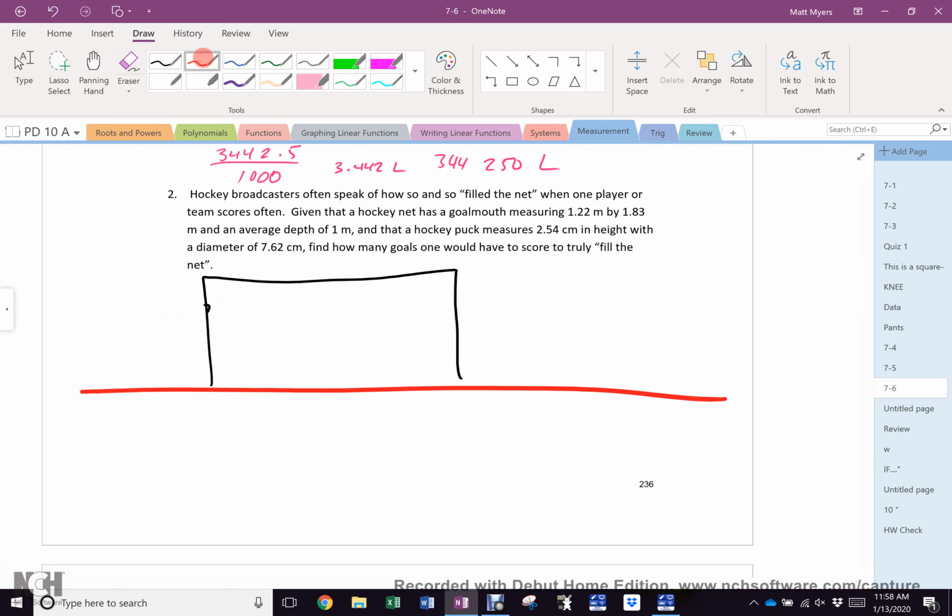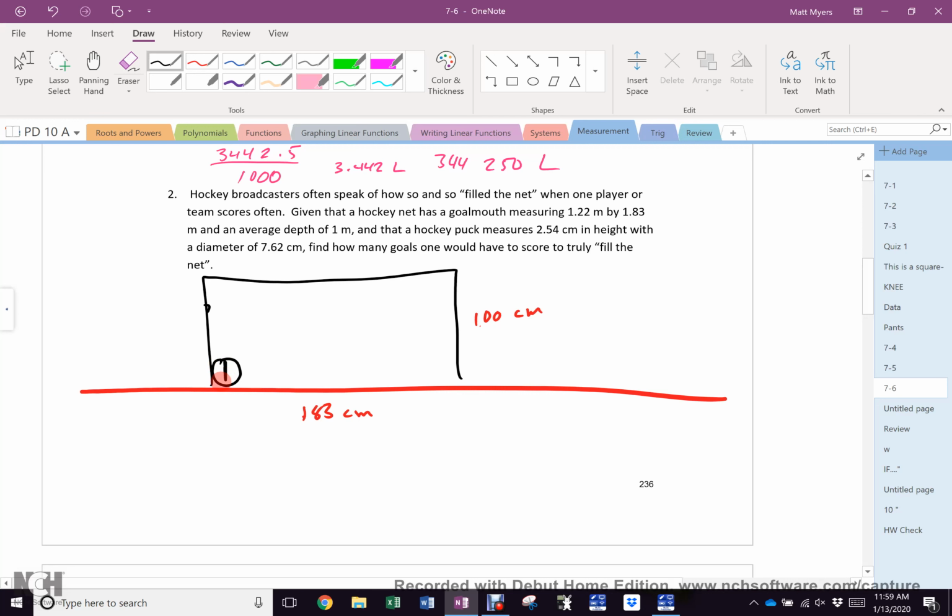What you really have to do is this. This was 1.83 meters, yes? What are the pucks measured in? Centimeters. So what should I do to that number? Change it to 183 centimeters, yes? How deep is the net? 1 meter. 100 centimeters, yes? How big is a puck? No. I want this because we're looking straight down on it.